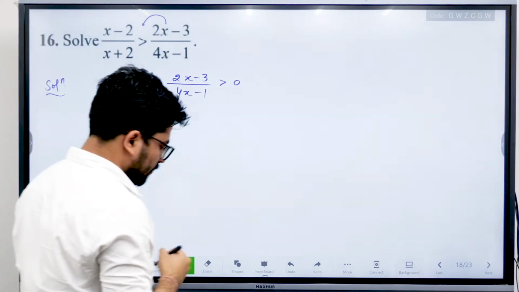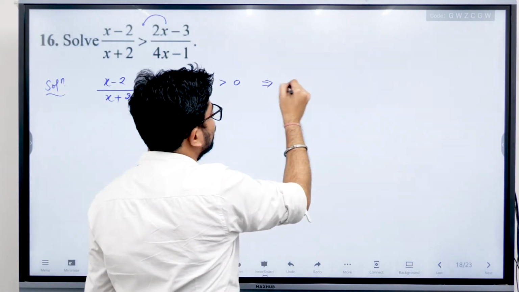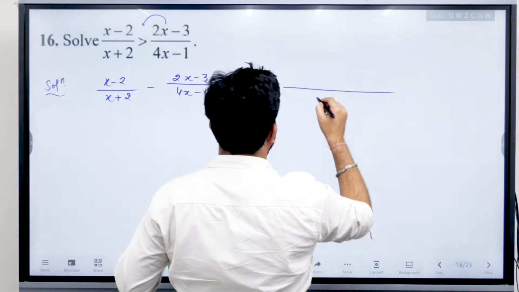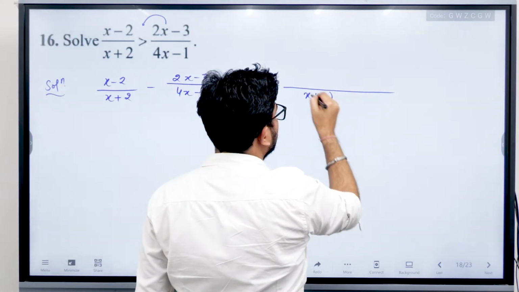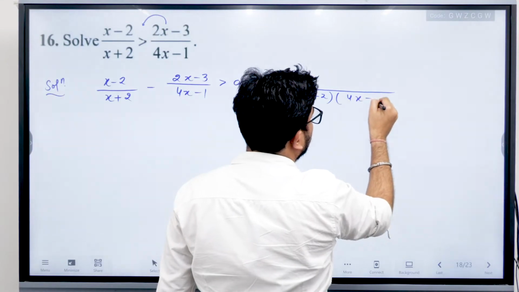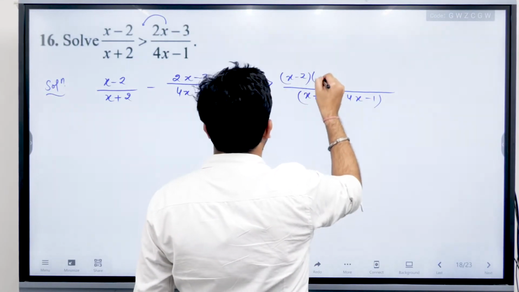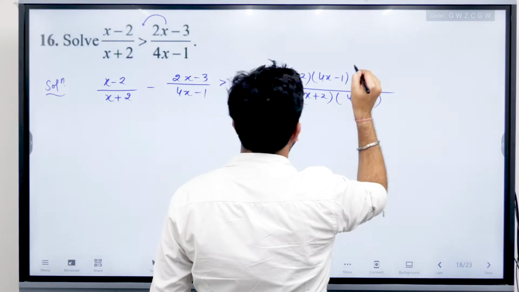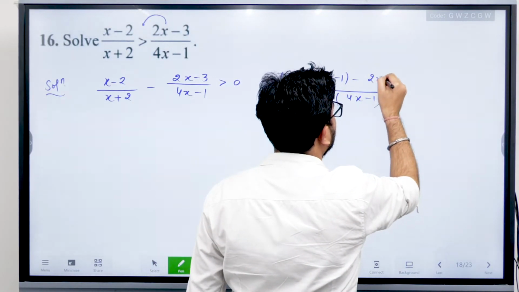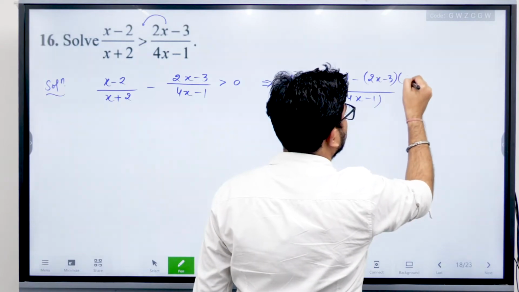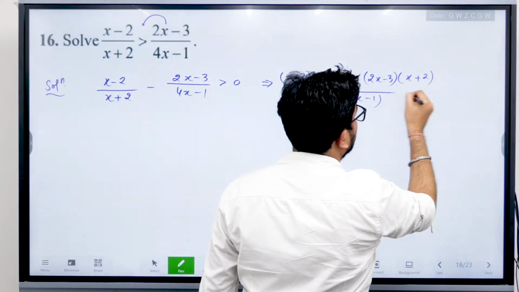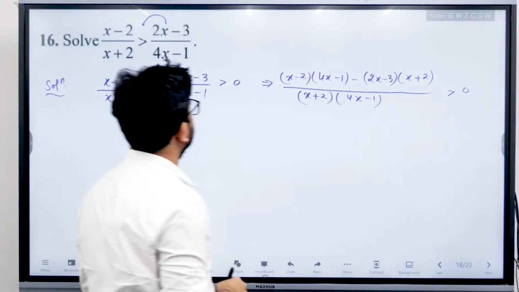Yes. Now you can take the LCM. If you take your LCM, you will get (x plus 2)(4x minus 1) in the denominator, and in the numerator (x minus 2)(4x minus 1) minus (2x minus 3)(x plus 2) greater than 0.